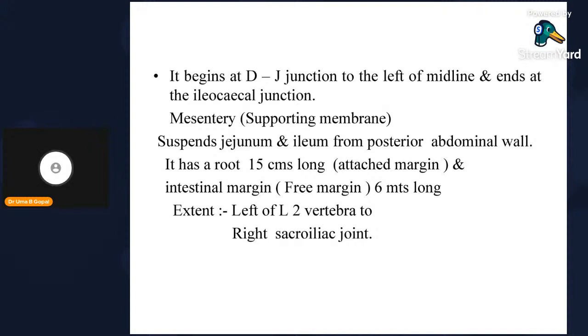The attachment extends from the DJ junction to the ileocecal junction at the right sacroiliac joint, and that is called the root of mesentery. It is about 15 centimeters long, while from the root to the intestinal margin it is 6 meters long. The DJ junction is at the level of L2 vertebra, and the ileocecal junction is at the level of the right sacroiliac joint.